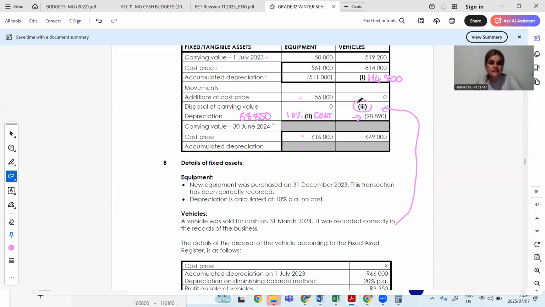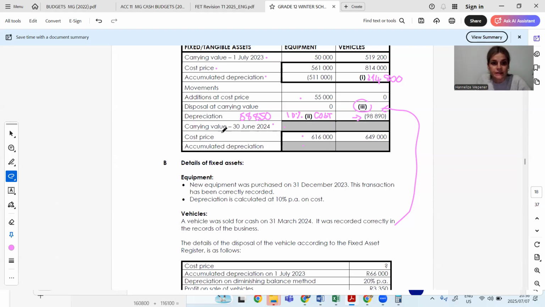So what's nice and easy here with the cost price is they told us that we had no additions at cost. So in other words, cost plus 0, because I had no additions, minus the cost of my disposal will give me my cost price at year end.